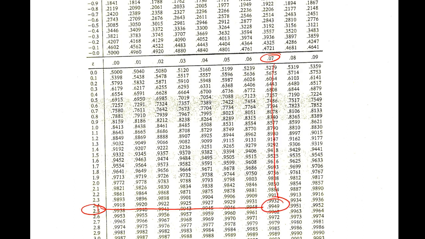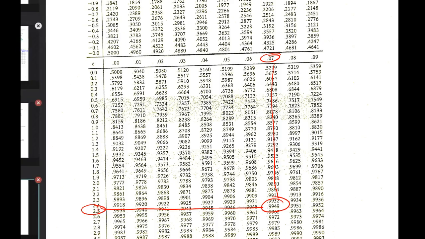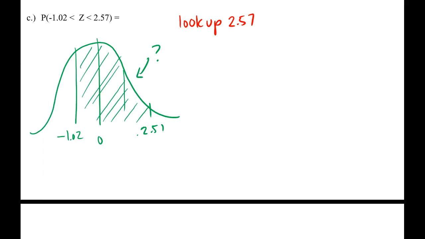And don't just count over, there is a 0, so you want to make sure that you are actually looking at the top and drawing all over your normal table if you're using it. 0.9949. What we just found is everything under that 2.57, that entire area under the curve, which is too much, right? In fact, we know exactly how much it is too much. It's too much by this section right here.